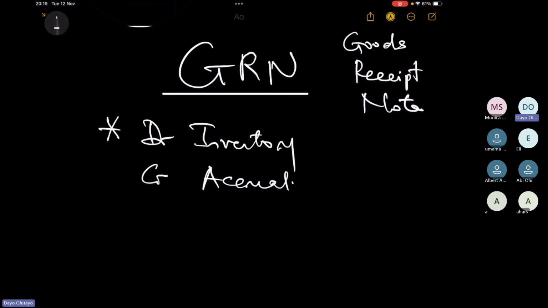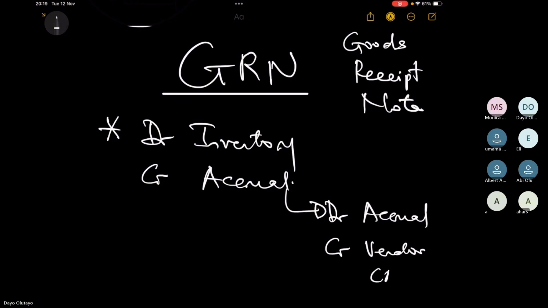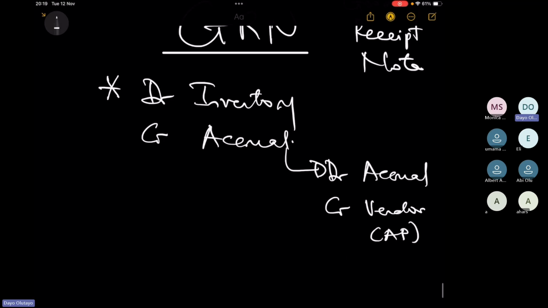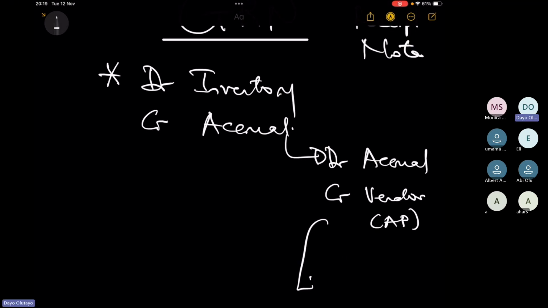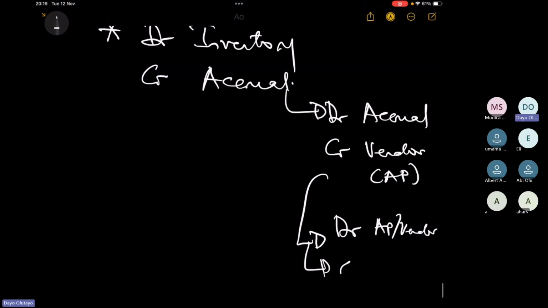And when they now issue you an invoice, you reverse your accrual, which means you debit your accrual and you credit your vendor, which is your account payable. And when you run your payment, you debit your account payable, your vendor, and you credit your bank. That is when you pay.